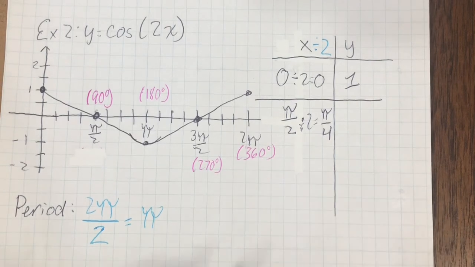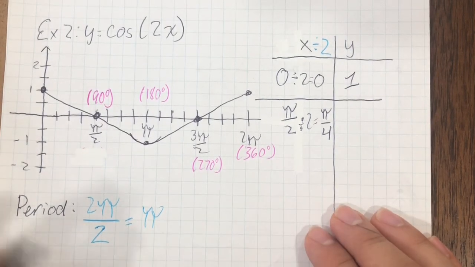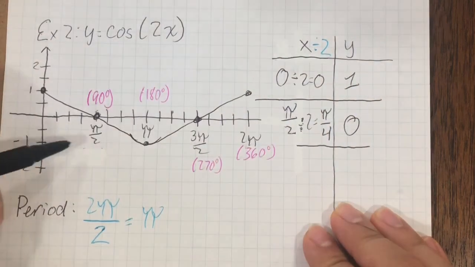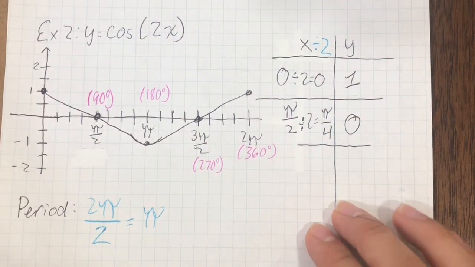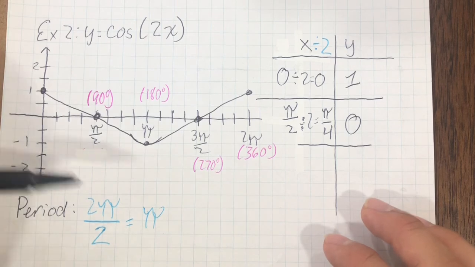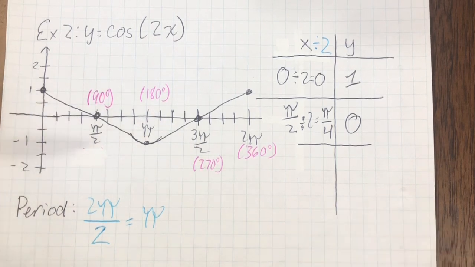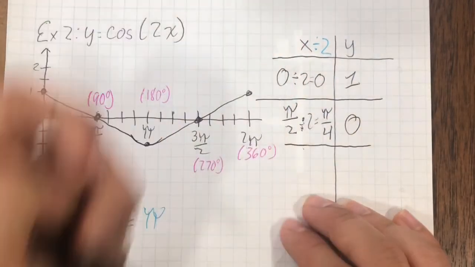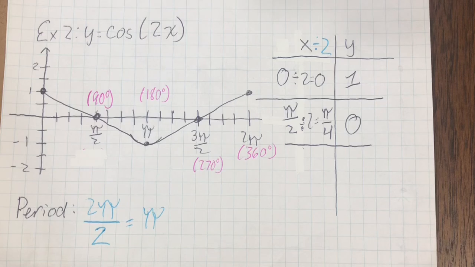All right? So we have pi over 4, comma, 0. So pi over 2 becomes pi over 4. Only the x value changes, but my y value stays the same. And if you guys recall, pi over 4, if we were to turn it into degrees, would become 45 degrees.